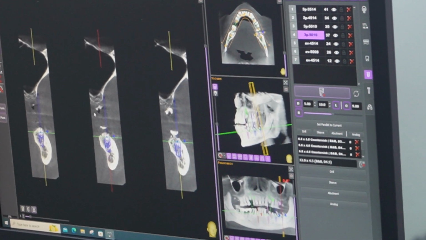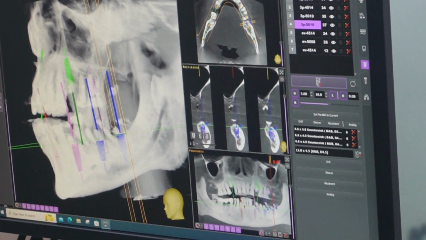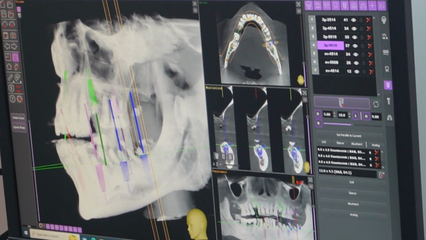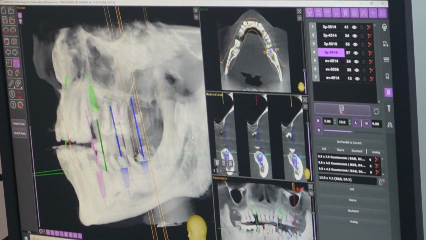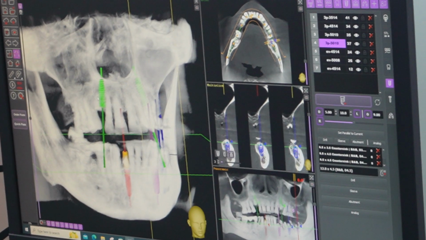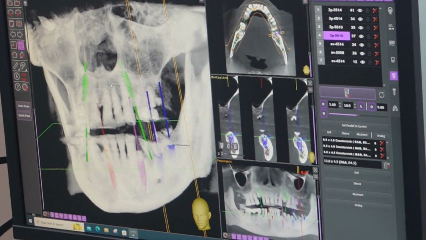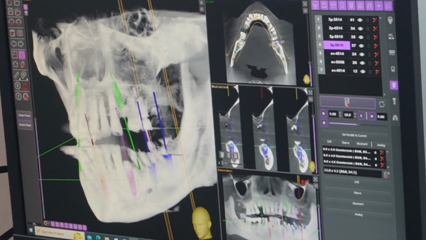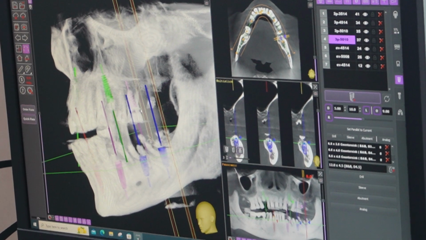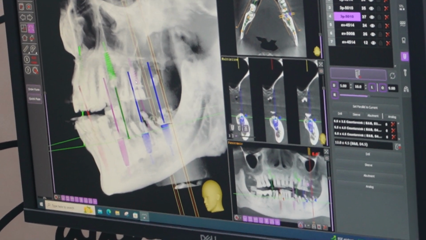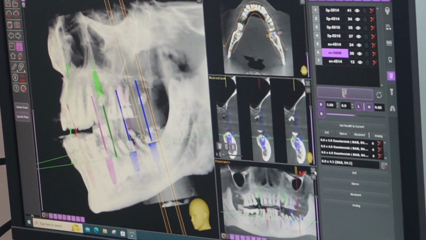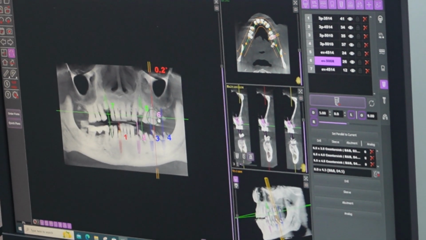So today's plan is placing these 3 implants after extraction of root pieces. Two implants, one in the canine and one in the premolar region, and one more implant in the upper first molar region. This upper first molar region is a little critical here.